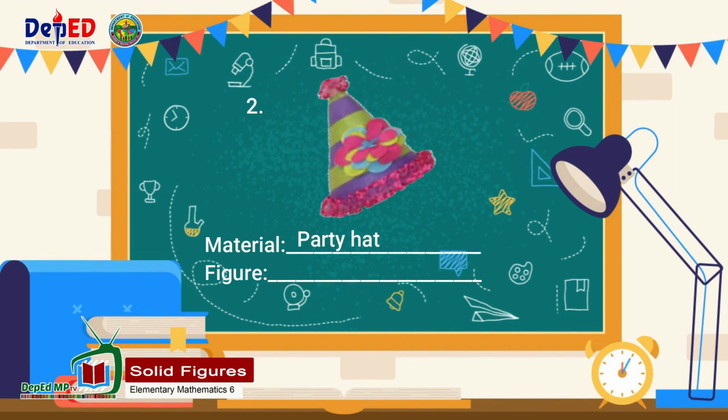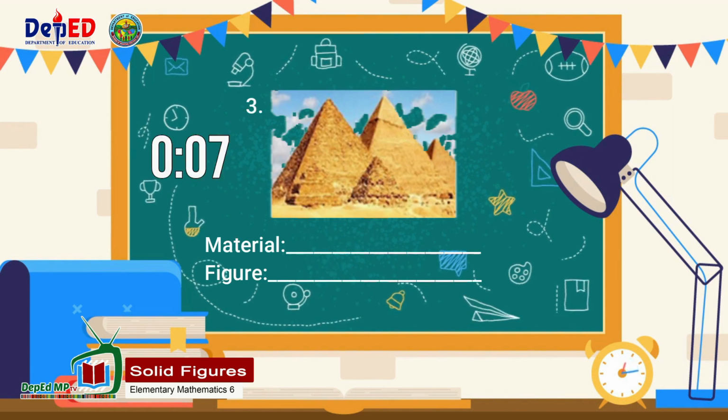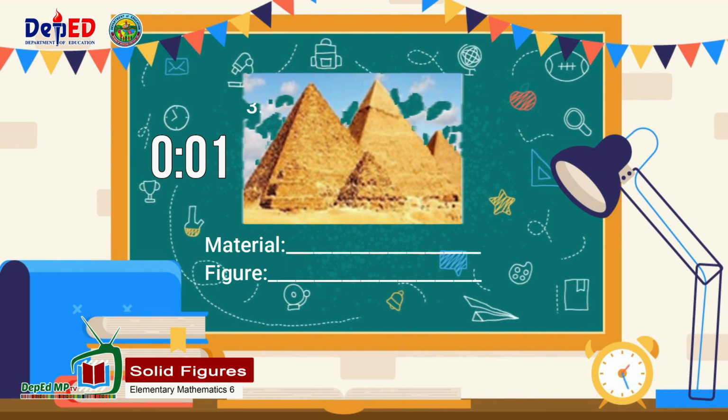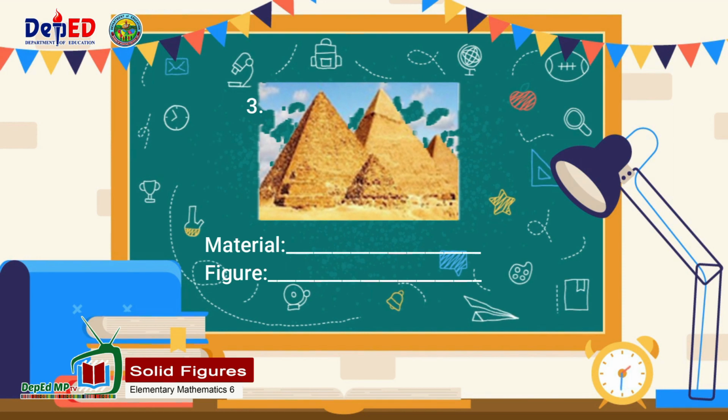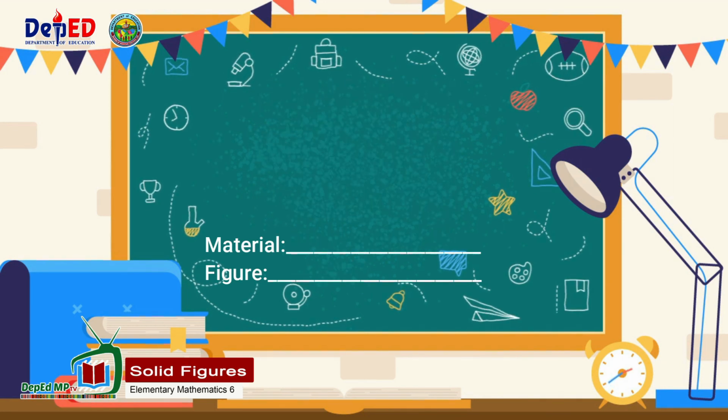You're correct. It's a party hat in the figure of a cone. Right again. It's the Pyramid of Egypt.